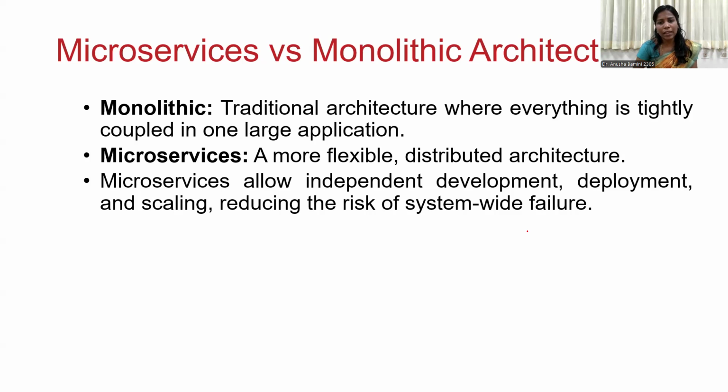Microservices allow independent development, deployment, and scaling. It reduces the risk of system-wide failure. The failure rate of microservices is very low compared to monolithic architecture. So on the deployment side, we use API as well as the microservice concept.